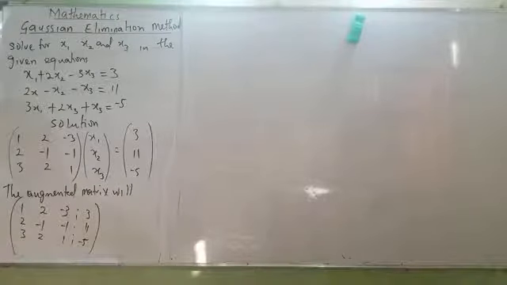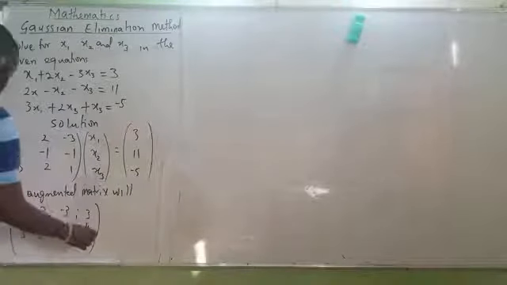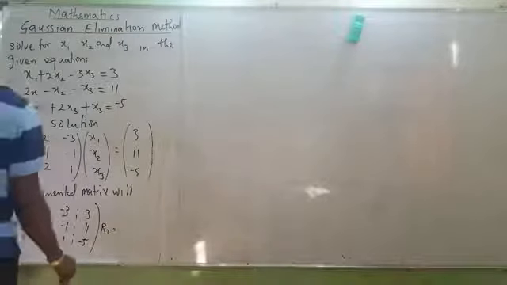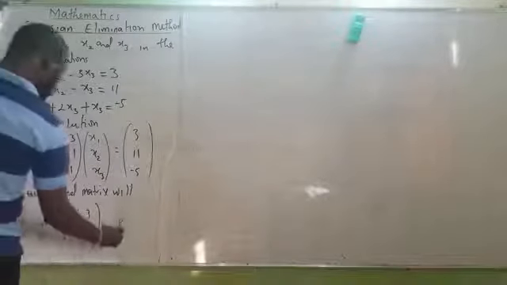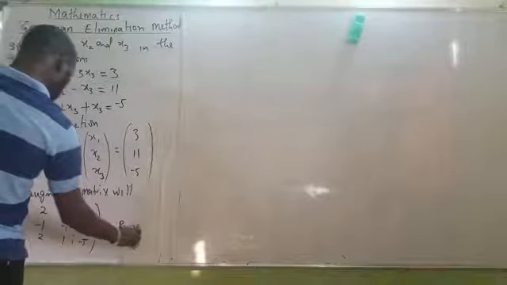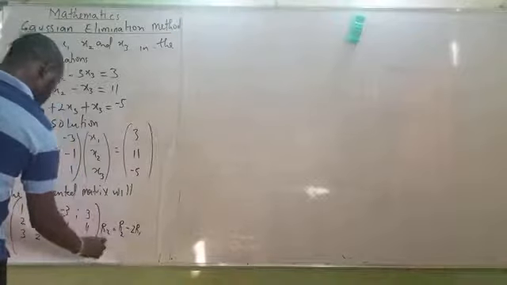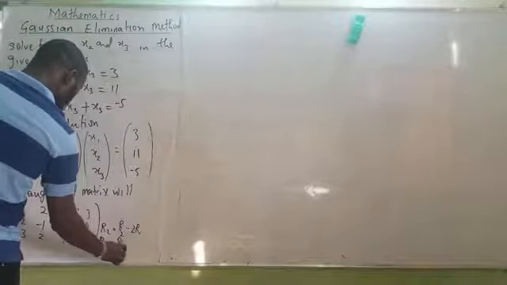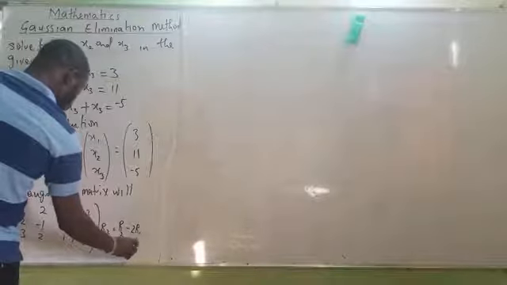Now, I can say that my row 2 can be equal to row 2 minus 2 row 1. I can also say that my row 3 can be equal to row 3 minus 3 row 1.